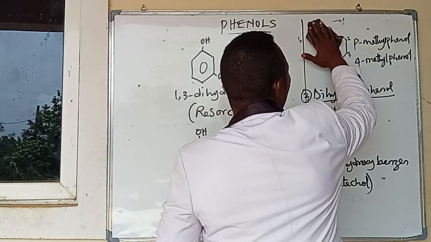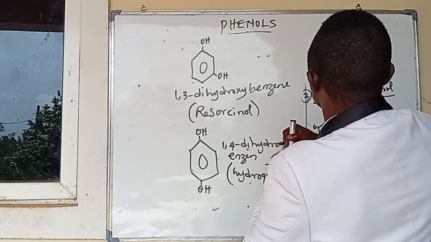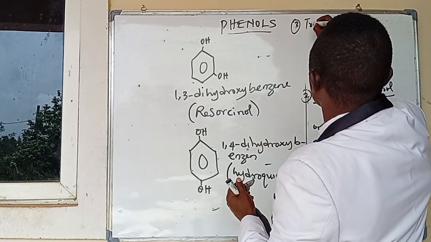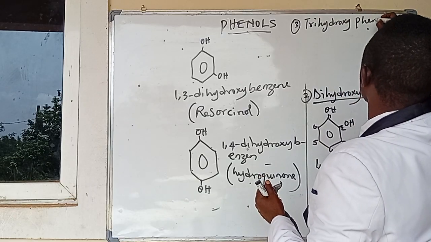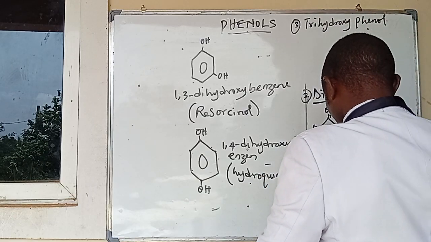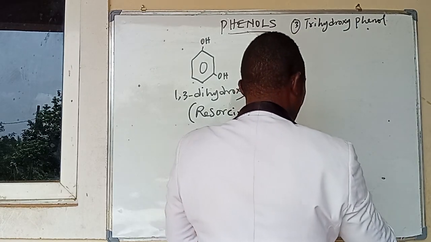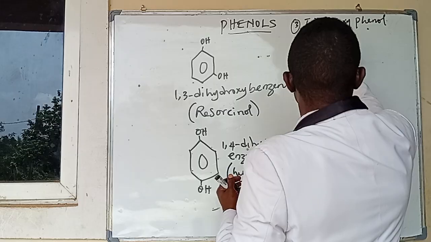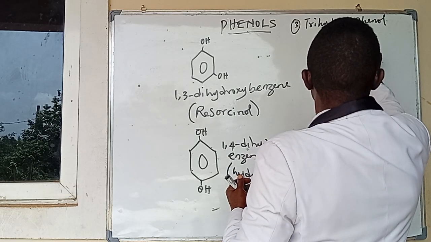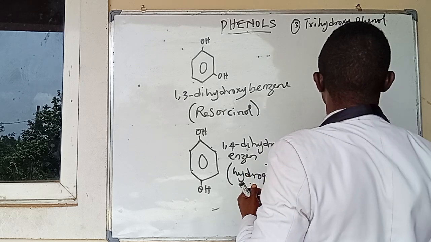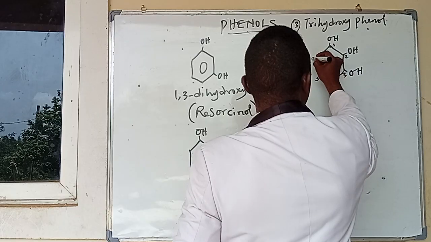Then we also have trihydroxy phenol, number 3. Let us give a structure. You have OH, and OH, and carbons 1, 2, 3, 4, 5, and 6.